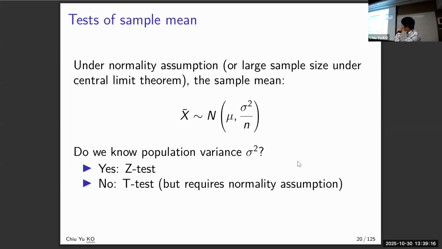And as we said, we focus on testing based on the sample mean, and it depends on whether you know the population variance. If you know it, it will be the z-test. If you don't know it, it will be the t-test. And the t-test requires you to assume the underlying distribution is normal. Then you can replace sigma squared by s squared.